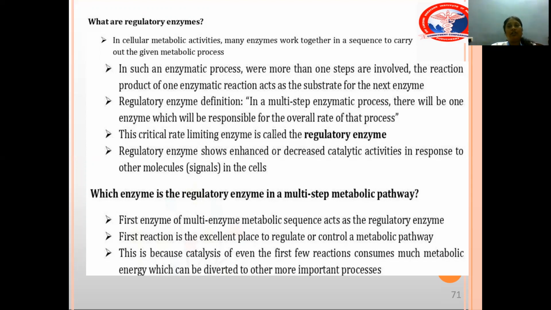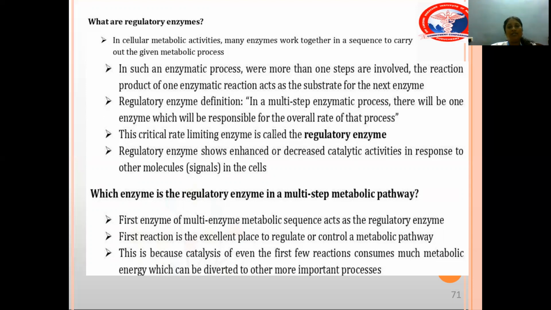This regulatory enzyme shows enhanced or decreased catalytic activity in response to other molecules or signals which are delivered to the cell. Based on the stimuli or signal actually received from the external environment, the cell will respond by either increasing or decreasing the activity of the regulatory enzyme.